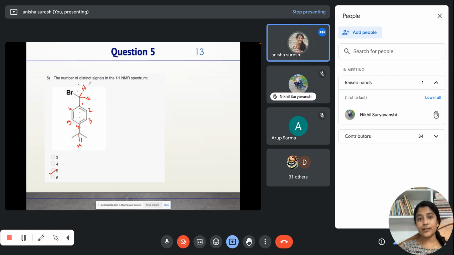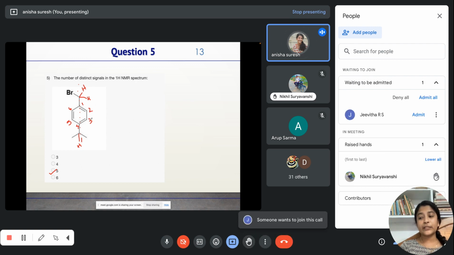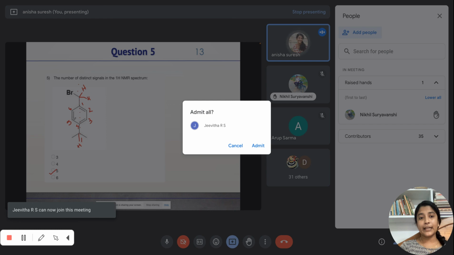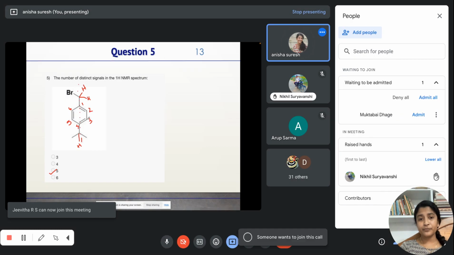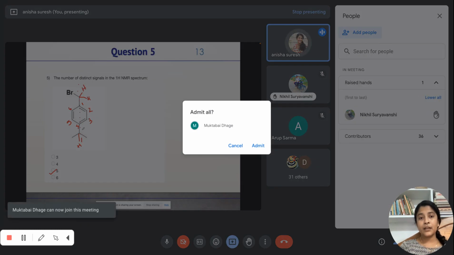These two protons which are adjacent to this bromide will be giving one signal. Then the protons on carbons 2 and 6 will be identical and it will be giving one signal. Protons on carbons 3 and 5 will be identical and it will be giving one signal.